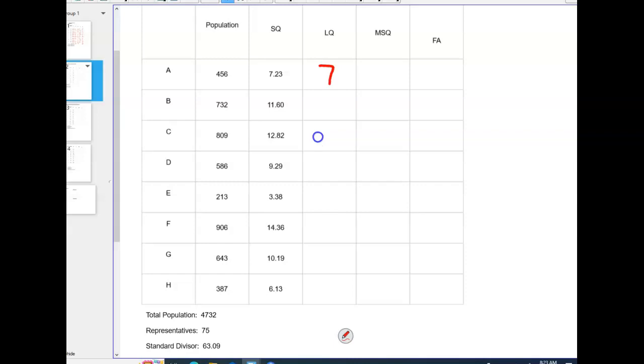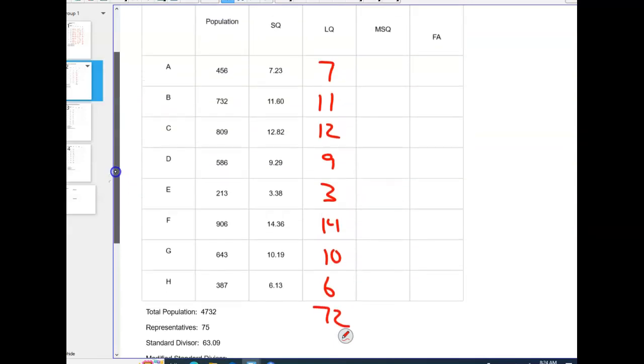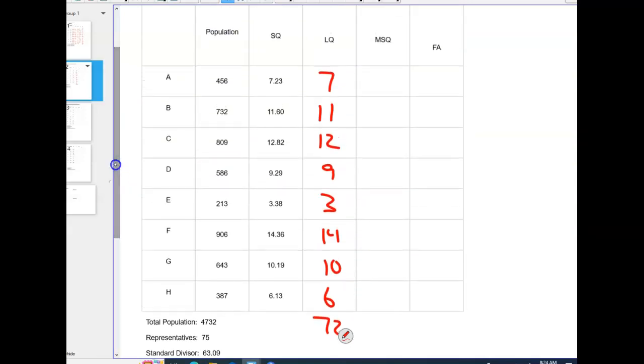So it's 7, 11, 12, 9, 3, 14, 10, and 6. 18, 30, 39, 42, 56, 66, 72 is my total. So I need to get to 75. So I need to come up with a standard divisor that gets my lower quota to equal 75. So I've got to increase 3 lower quotas.